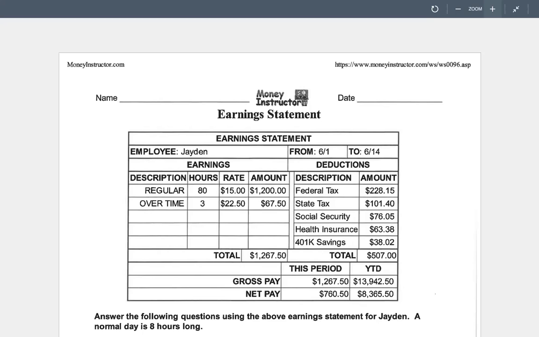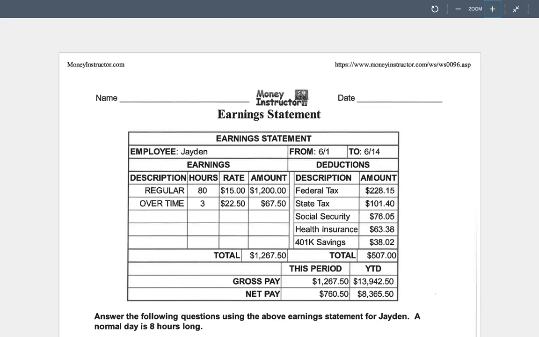Payroll deductions also are things like if you have medical insurance or if you have life insurance or you are saving for your retirement and that money goes into a savings account, or a health savings account, which is your money put into an account to pay medical bills and medical costs. So it's all very important.